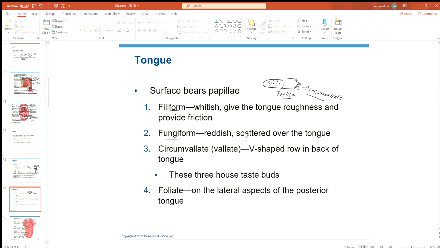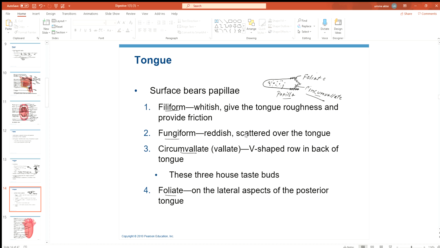So filiform and fungiform are here, and in the back part you have larger papilla. They form an inverted V, and those papilla are called circumvallate papilla. And in the back part, both sides of the tongue, only in the back part, have another type of papilla. These are called foliate papilla. Okay, so circumvallate and foliate.